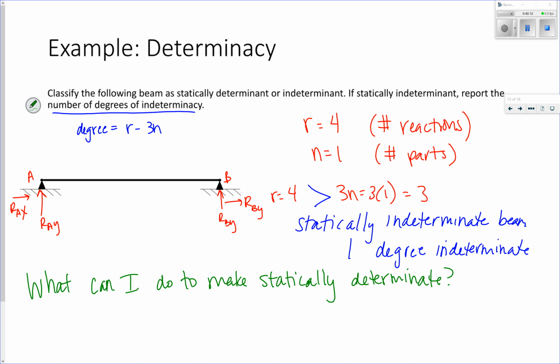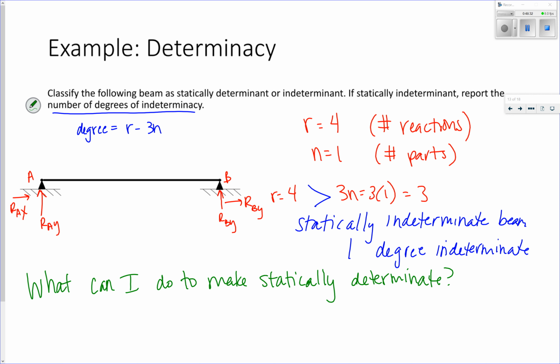Well, I only need to get rid of one reaction to make this statically determinate. I have one more reaction than I have equations of equilibrium. So if I get rid of one of those reactions and I have 3, then 3 is equal to 3, right?